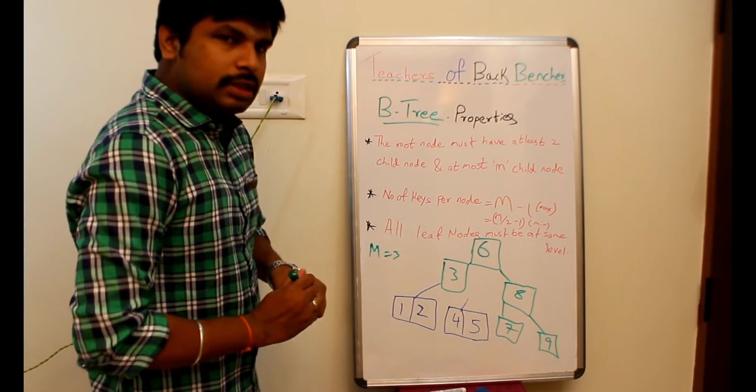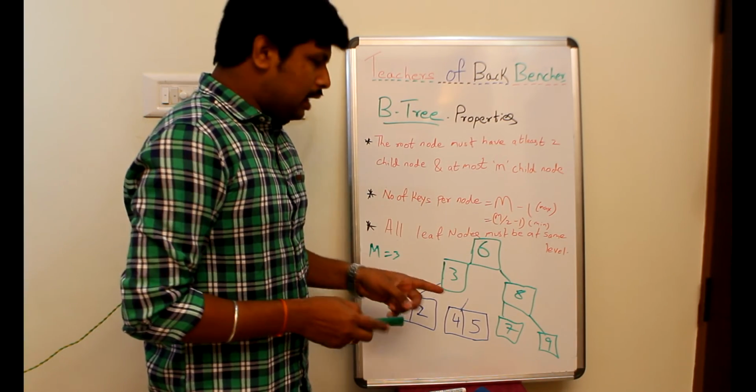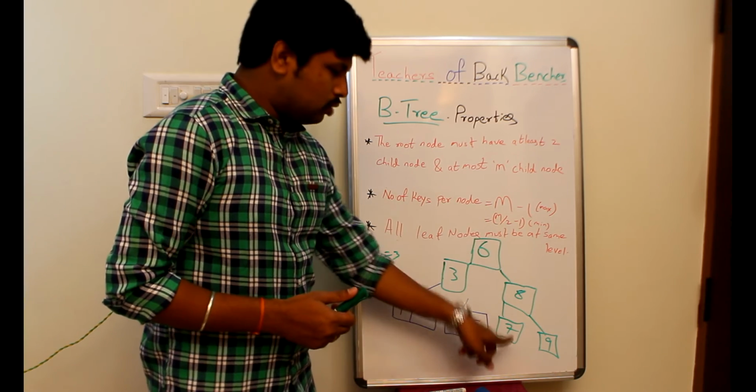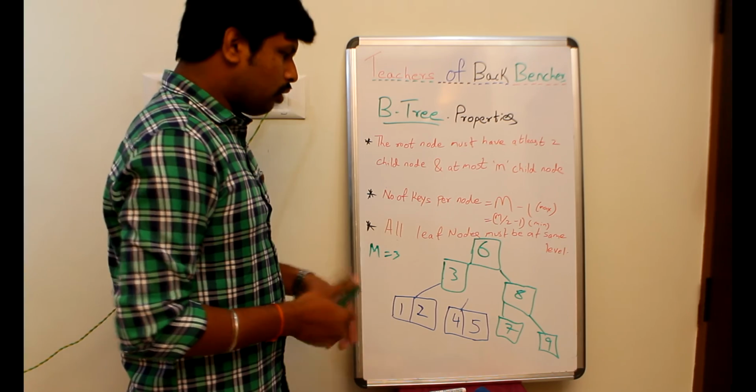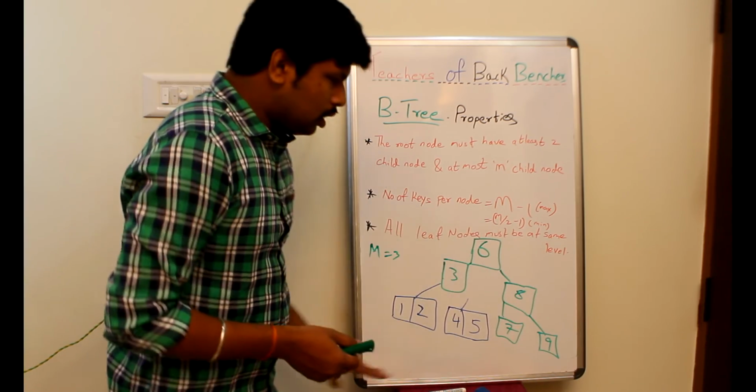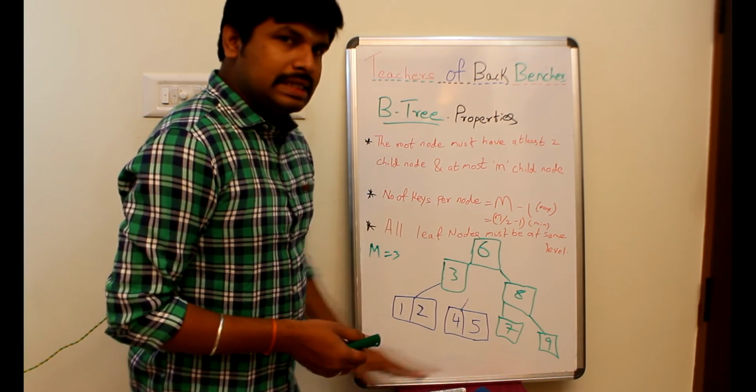So the binary search tree property is also satisfied, and you can see m by 2 minus 1: a minimum of 1 value is available in all the child nodes, and all leaf nodes are available at the same level.